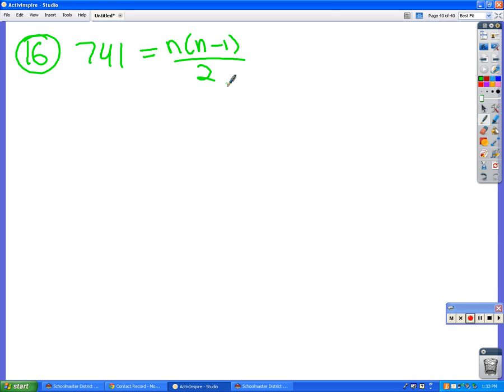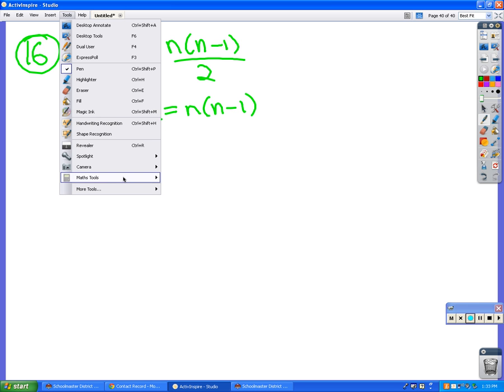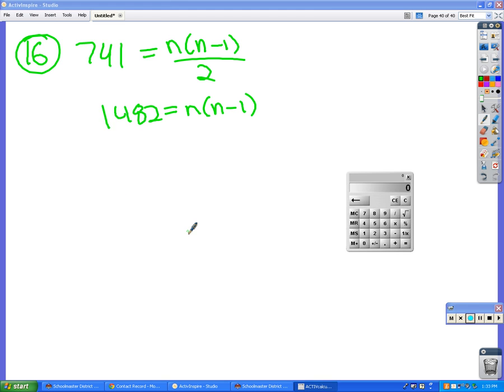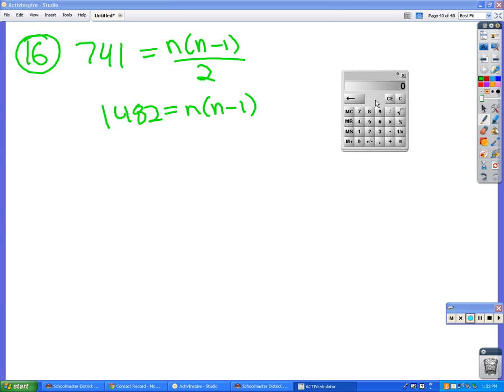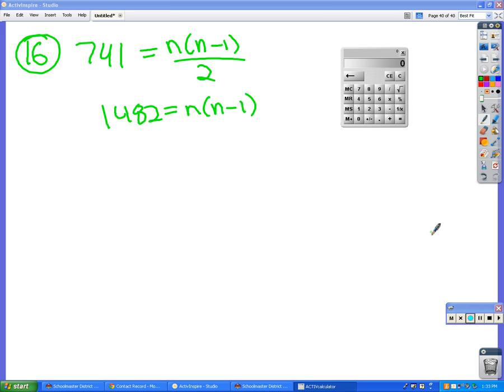Times both sides by 2. So that means 1482 equals N times N minus 1. I showed you the other day there is an algebra way to solve this. That was their geometry. I don't know that there's a geometry way to solve this one. We're going to just guess and check. Give me a guess. 35.